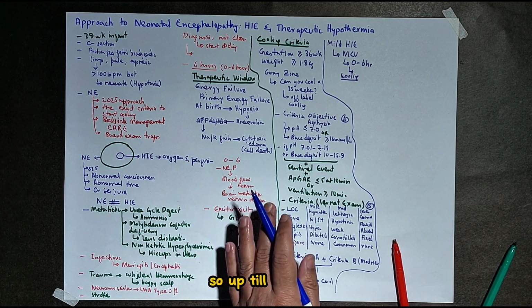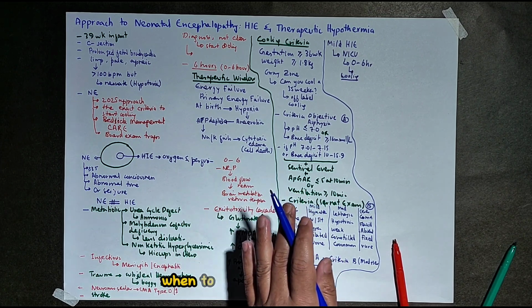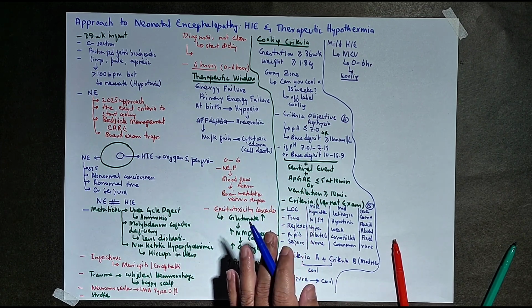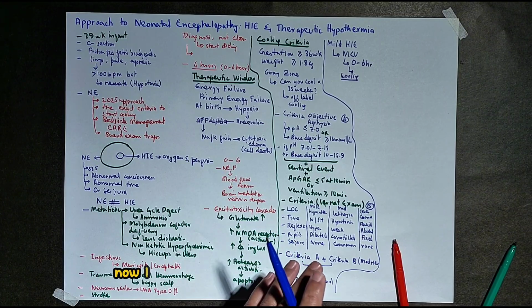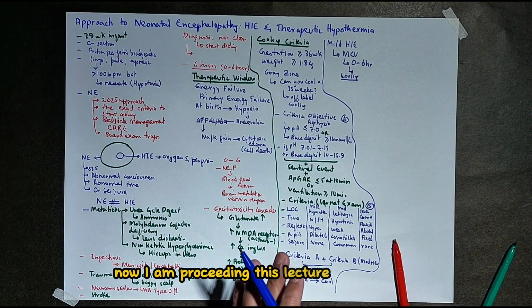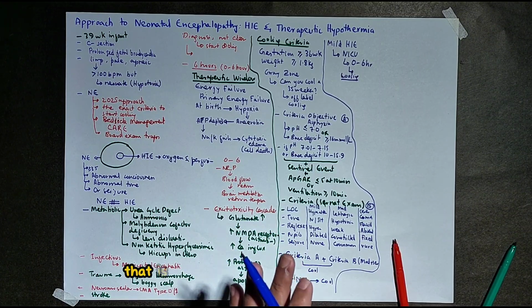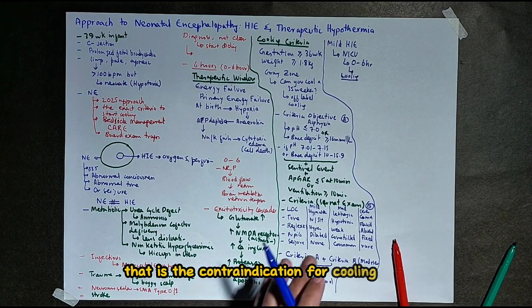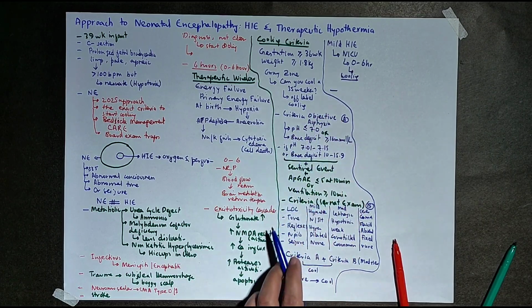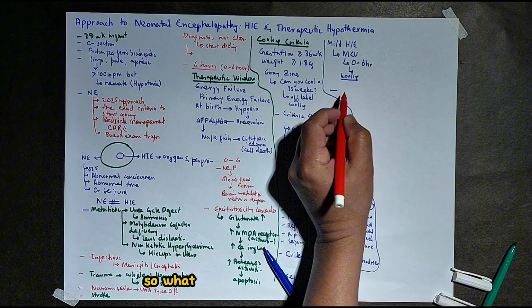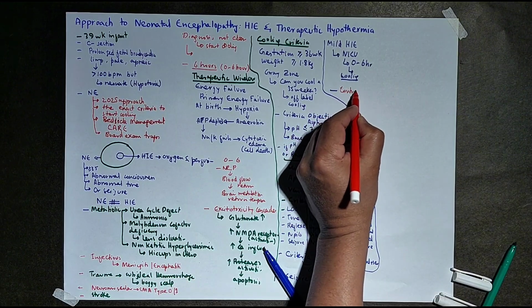So up till now you have sound knowledge of when to say yes for cooling. Now I am proceeding in this lecture to when to say no, that is the contraindications for cooling. So what are the contraindications?